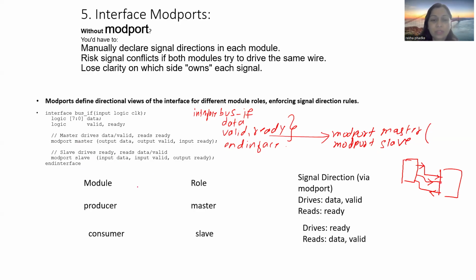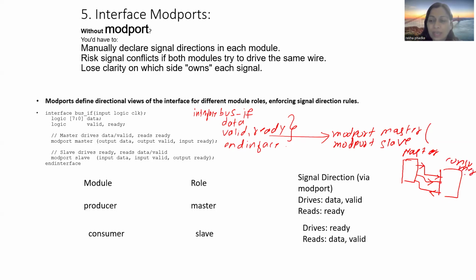Then end interface. If I want to use them in the producer and consumer modules, how can it be used? Let's see that. For the producer, the role is master, probably. Let's assume the producer works as a master and the consumer works as a slave.